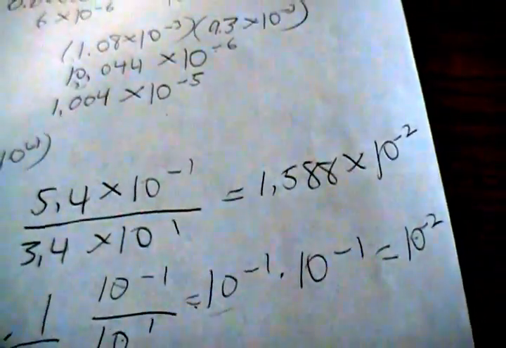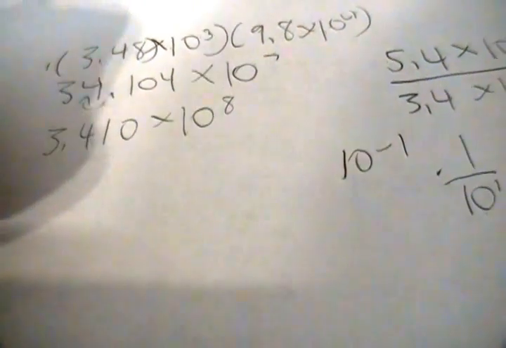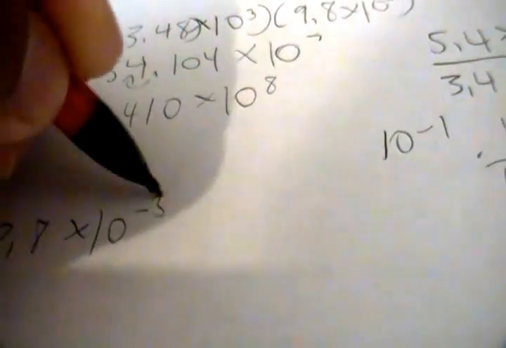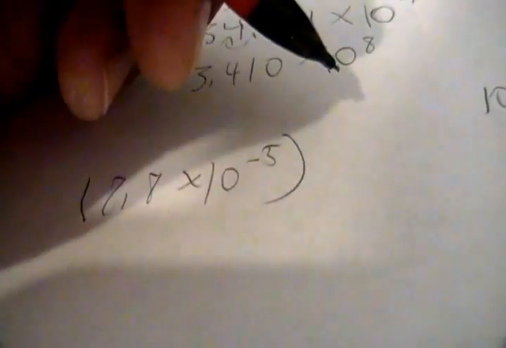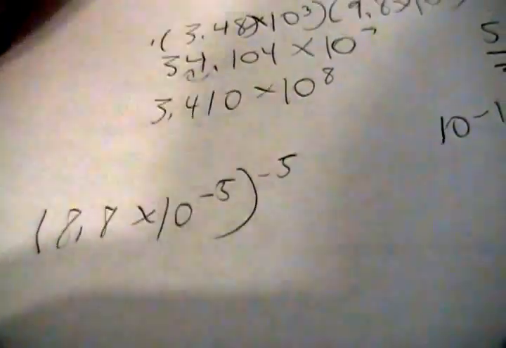All right, let's try one more. We have here kind of like the power of a product. We have 8.8 times 10 to the negative fifth, all raised to the negative fifth. This is what we call the power of exponents.